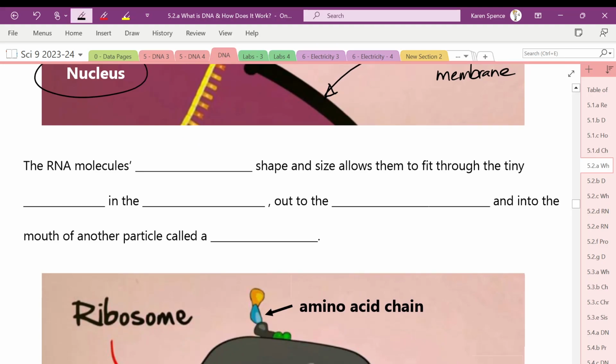The RNA molecules' small shape and size allow them to fit through the tiny what's? Pores in the nuclear, I should have put 2 blanks here. I think I was just going to say nucleus, but the nuclear membrane.